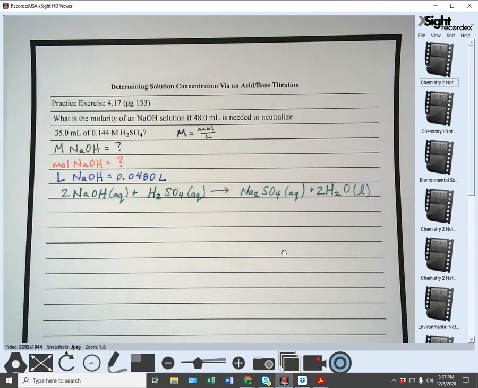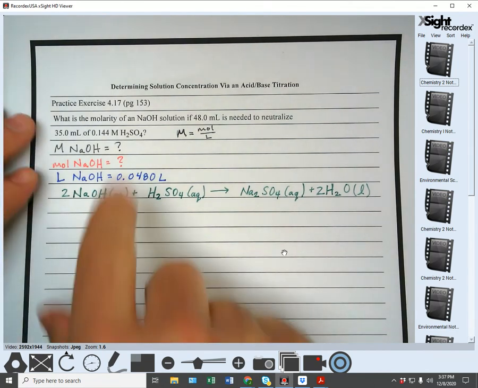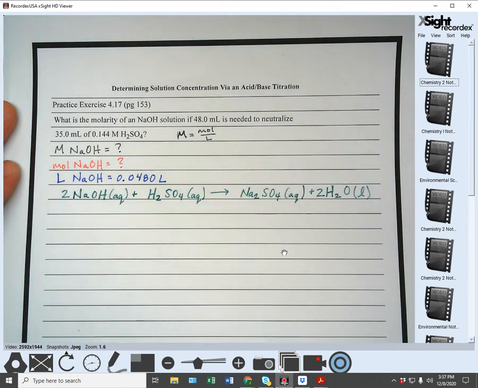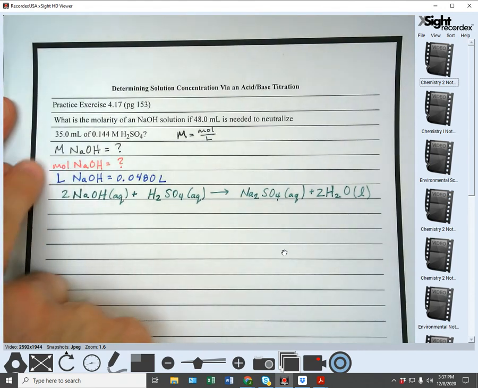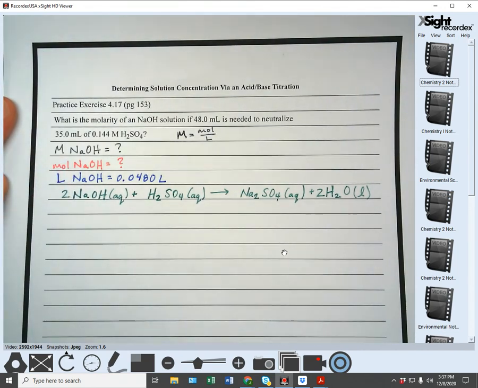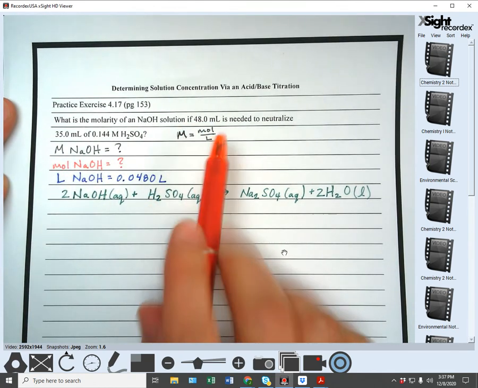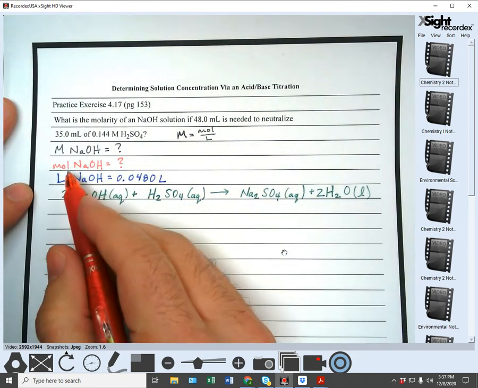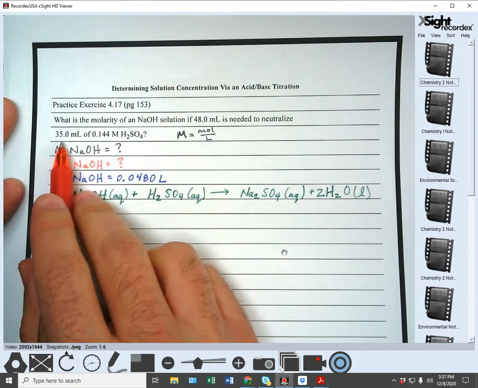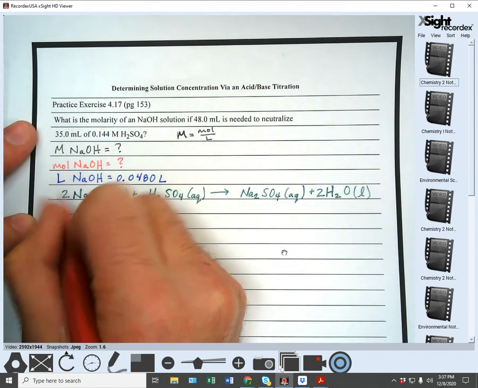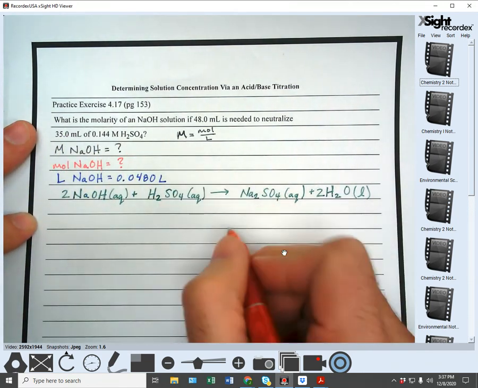Now, we're going to use this the same way that we did in the last practice problem, the quantity of a solute by titration, because that's what we're really looking for. So to solve for this, I'm going to start with my 35 milliliters of the H2SO4.